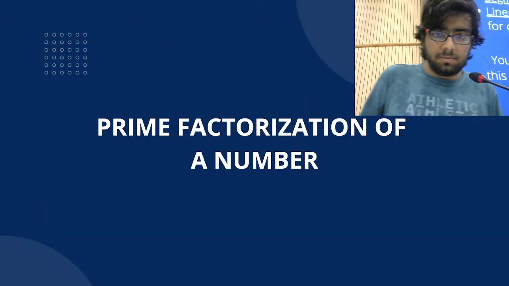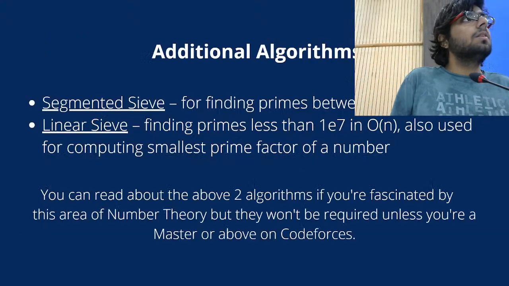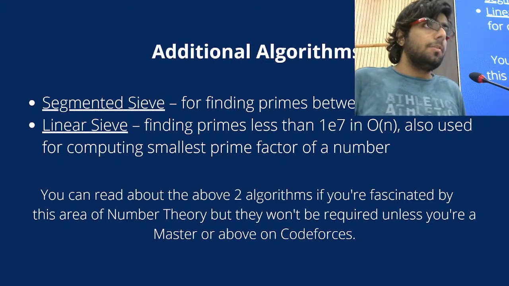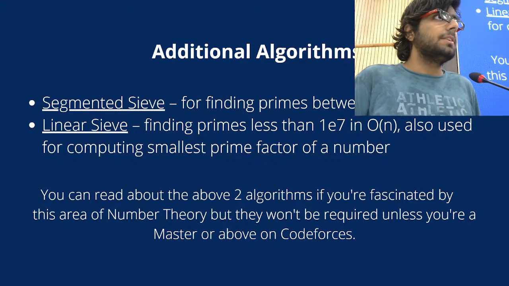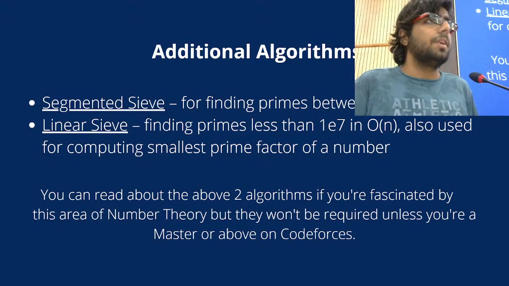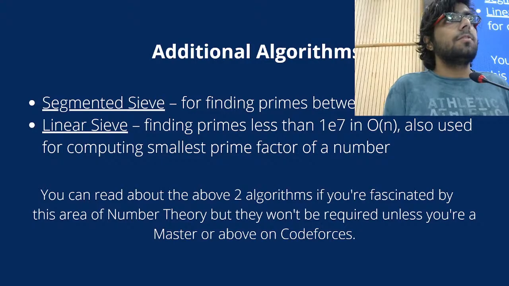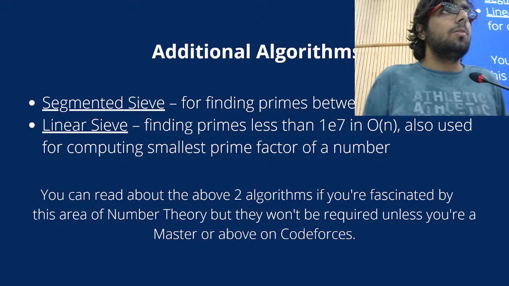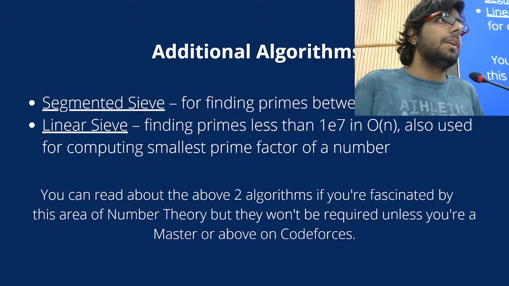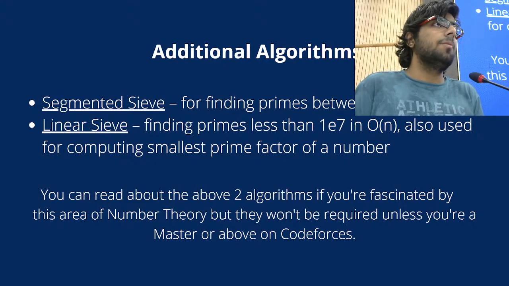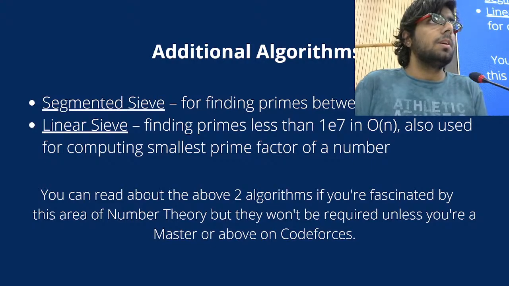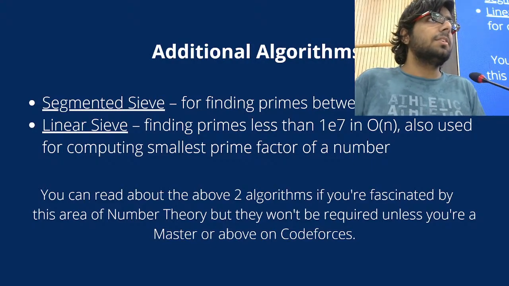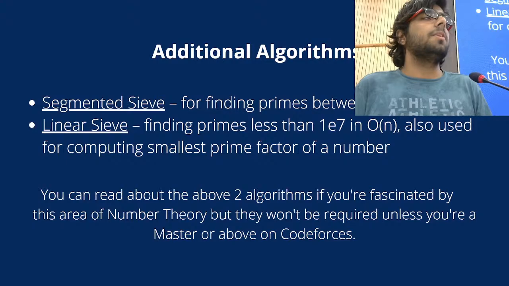So we want to find primes in a range from A to B, where A and B are quite large, let's say 10 power 12, 10 power 13, but the difference is not very large. The difference is in the range of, let's say, 1 million. So what we do is we create an array of 1 million elements, denoting the elements from A to B, and the ith index stores whether A plus i is prime or not.